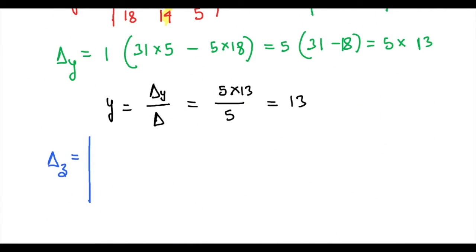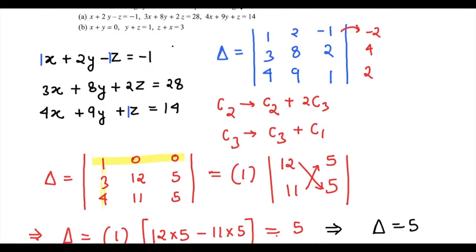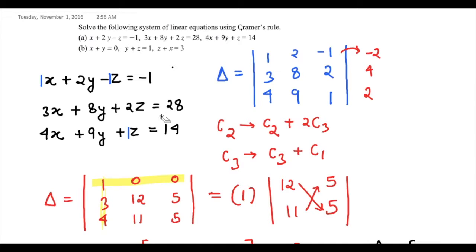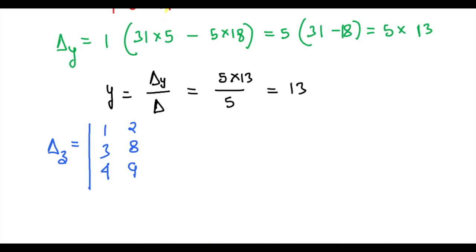In place of z coefficient, we will write these values minus 1, 28 and 14.